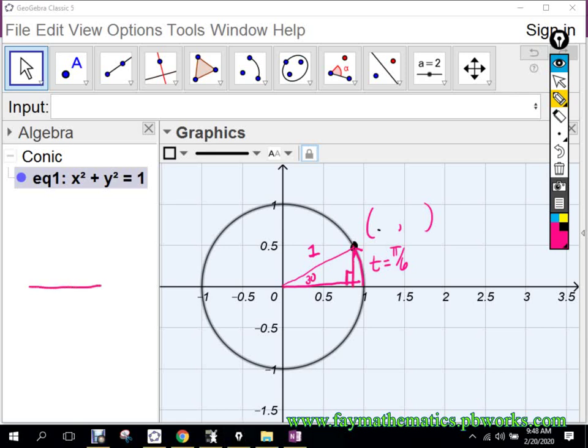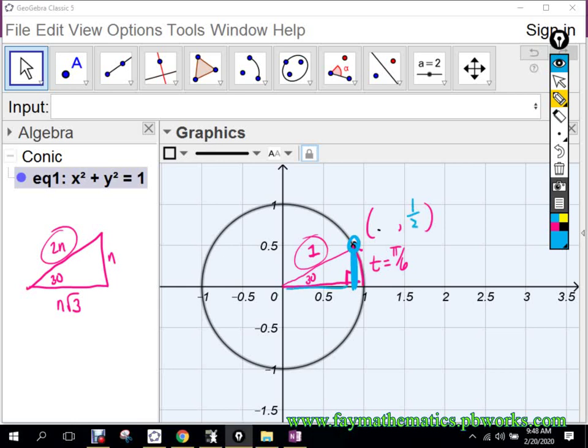In a 30, 60, 90, this is 2n. That's 30. This is n, and this is n root 3, right? Well, if I overlap these, 2n and 1 match up, right? So what's n going to be? 1/2, correct? So is that blue distance right there 1/2? Is that the y value of that point?